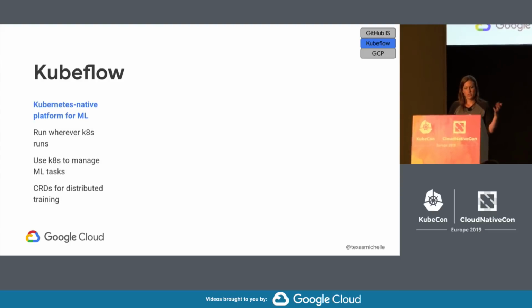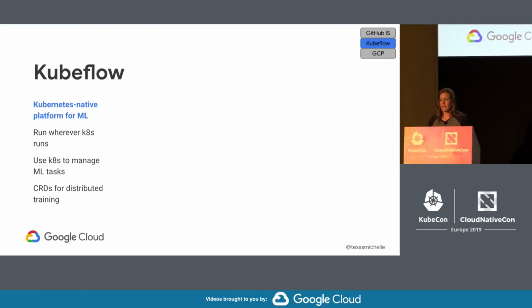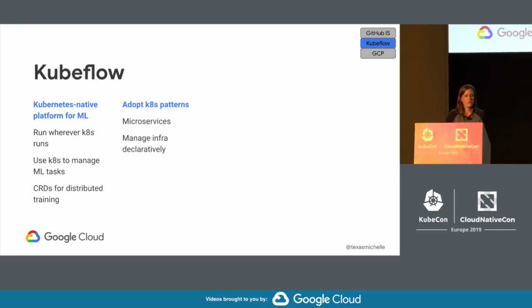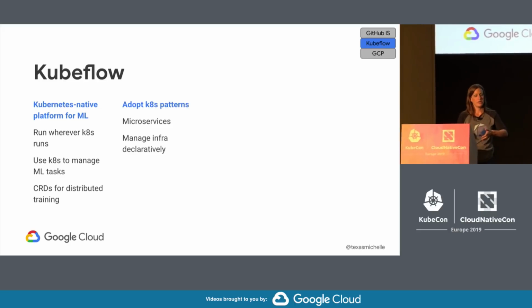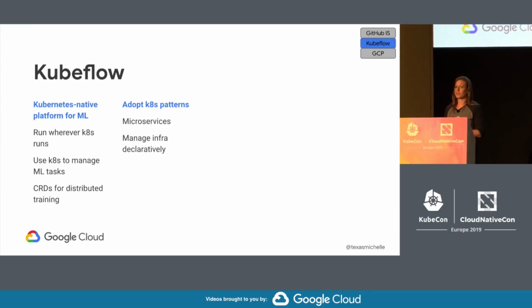And let's see, yeah, so it's Kubernetes native. Anywhere you have Kubernetes, you can run it. And it does this by providing custom resource definitions for things like distributed training. If you're familiar with Kubernetes patterns, you'll see very familiar ideas within Kubeflow, like this concept of microservices and declaring your infrastructure, managing your infrastructure declaratively.